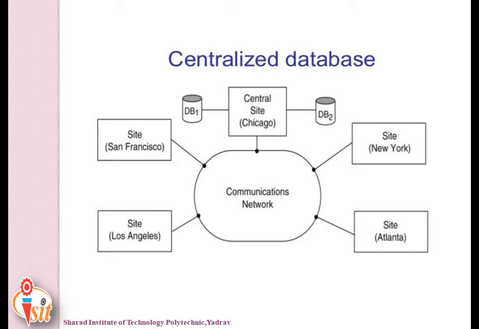These sites can access the data from the central database, which is installed at Chicago, via a communication network. All the four sites are linked to the central database via that communication network. This is about the centralized database.